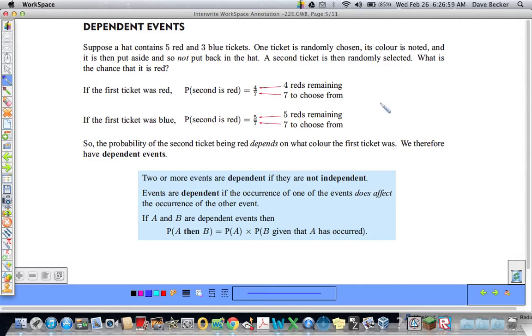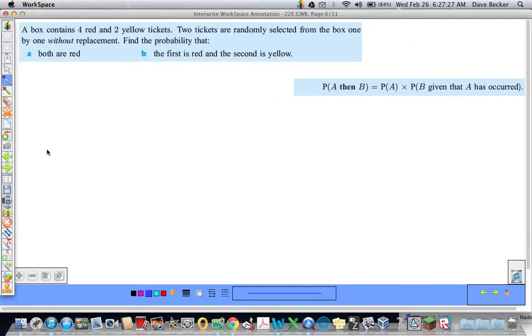Well, that affects the probability of drawing the second marble. In other words, the second event is dependent upon the result of the first event. The rule doesn't change, it's just the probability of A then B, or A followed by B, is equal to the probability of A multiplied by the probability of B, given that the event A has occurred. Much easier to explain given an example.